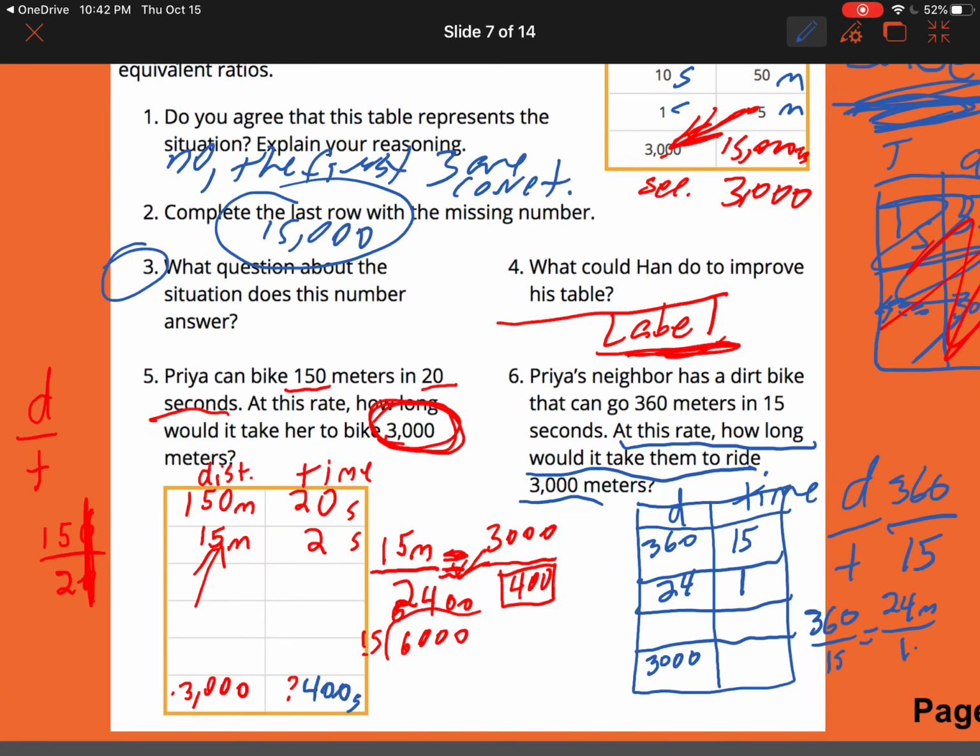What you're going to do is multiply 3,000 times 1, which is 3,000, and divide by 24. Go ahead and hit pause.